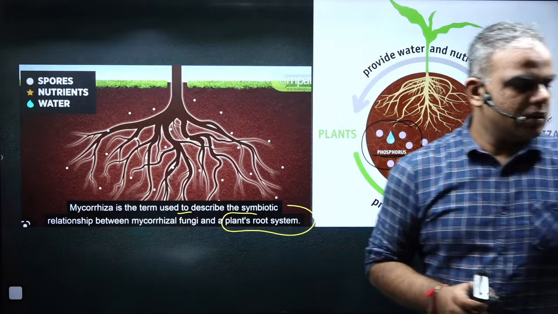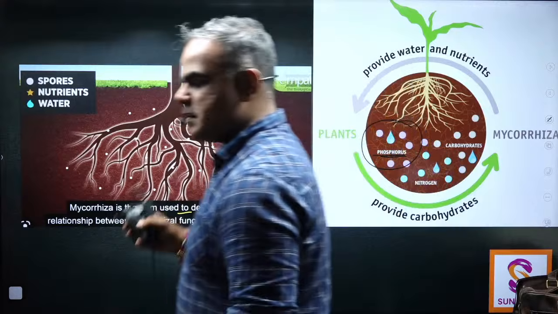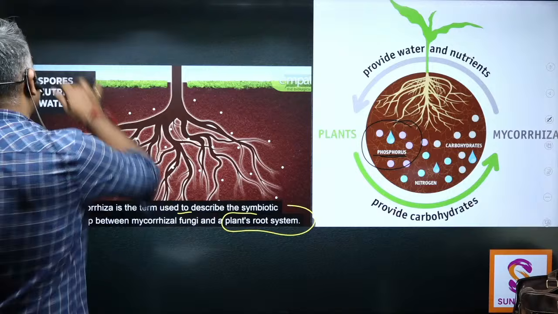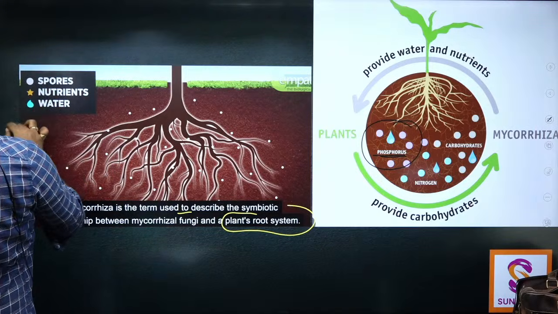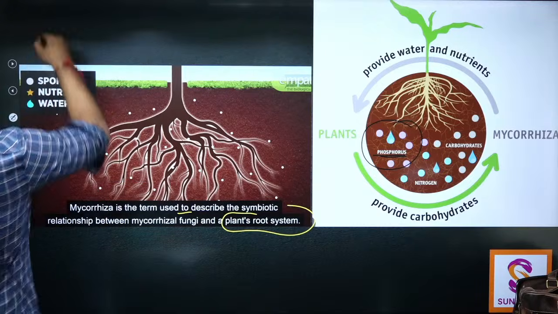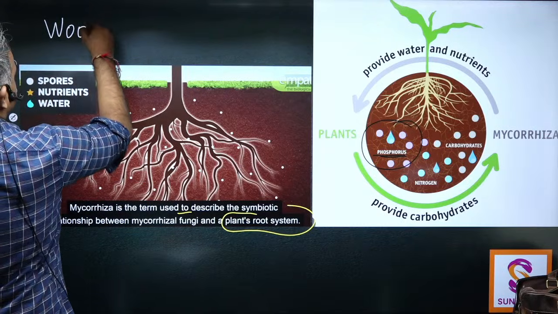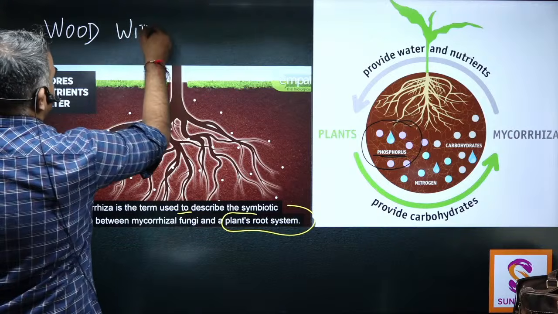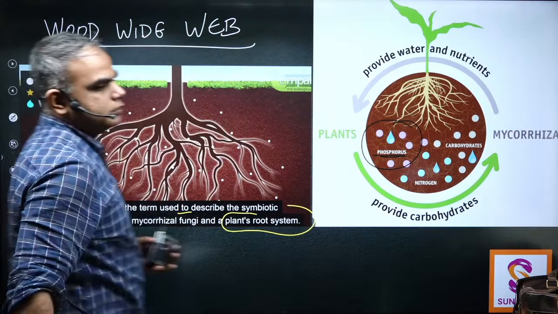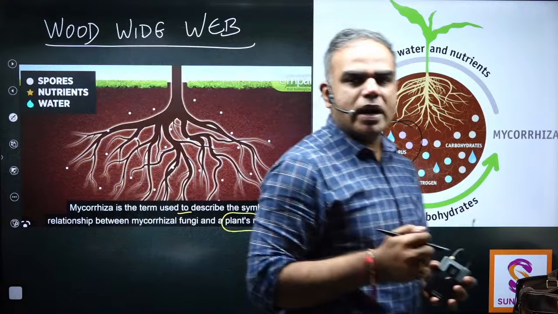Okay? Where you have written mycorrhiza, just write a term. In the recent UPSC interviews also this term has been asked, but of course it can be asked normally also, or in prelims this can be a question. We know www, World Wide Web.